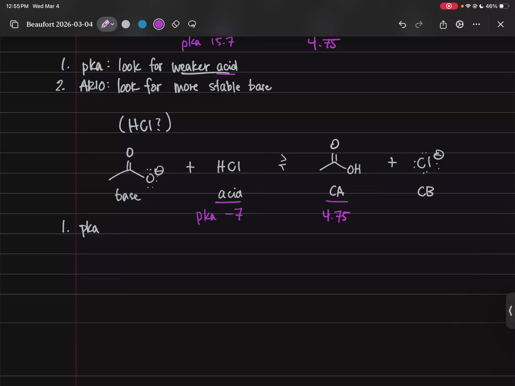The weaker acid has a higher pKa, stronger acid has a lower pKa. And so this is plus 4.75, and so the acetic acid is the weaker acid. So our equilibrium is going to favor the side with the weaker acid, that's the acetic acid. Okay, so this is good. Our reaction seems to be going forward. That tells us that HCl probably is a good acid for protonating acetate.